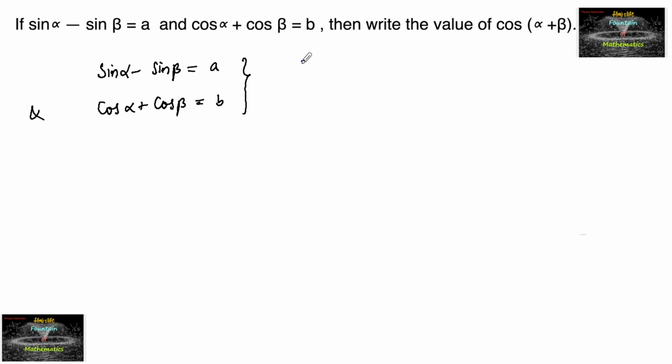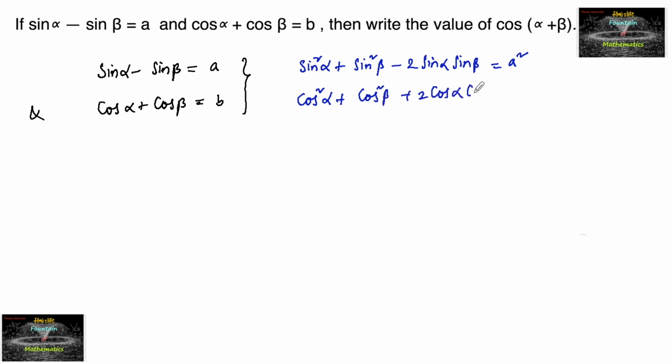So we will get sin square alpha plus sin square beta minus 2 sin alpha sin beta, which equals a square, and the second equation, cos square alpha plus cos square beta plus 2 cos alpha cos beta, is equal to b square.